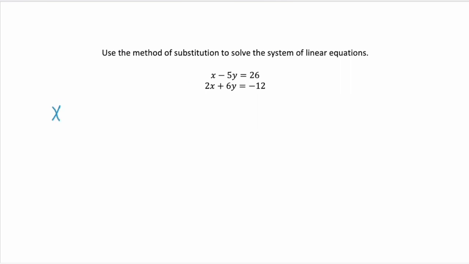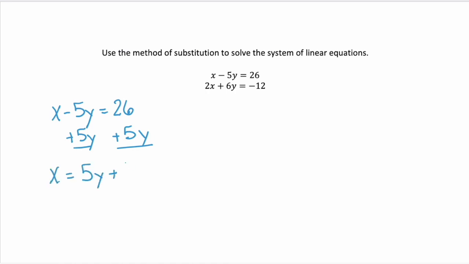So we're going to take our first equation, x minus 5y equals 26, and we're going to solve it for x. And to do that, we add 5y to both sides. So we have x equals 5y plus 26.